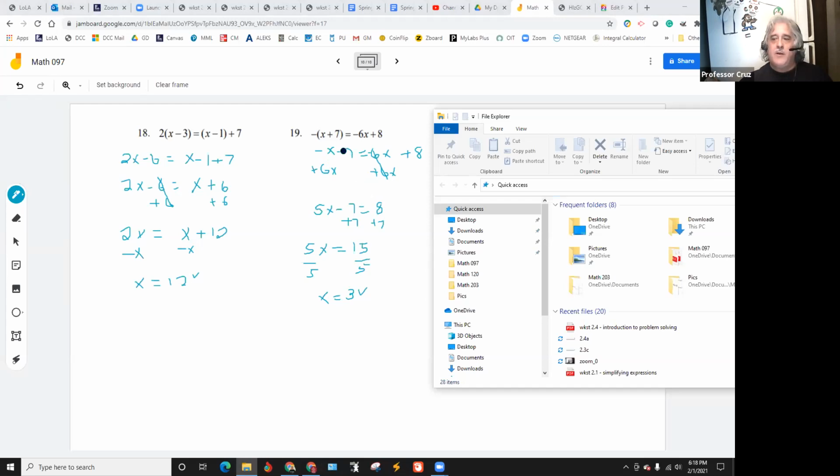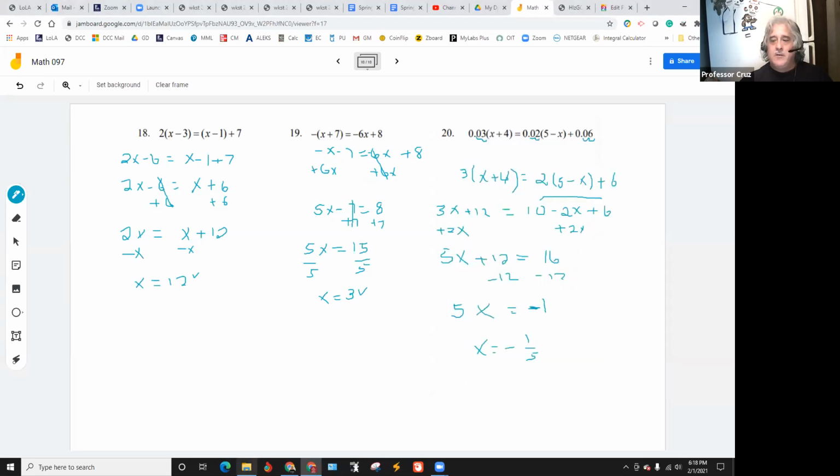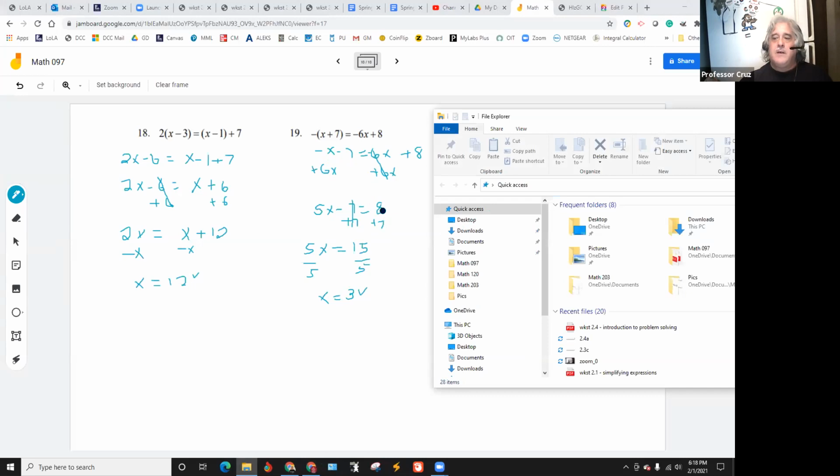Now, to get rid of the negative 7, we add 7. So those are gone. And then what's left over here is 8 plus 7, which is 15. 5x is equal to 15. Multiply both sides by 1/5 or divide by 5 gives you x is equal to 3.